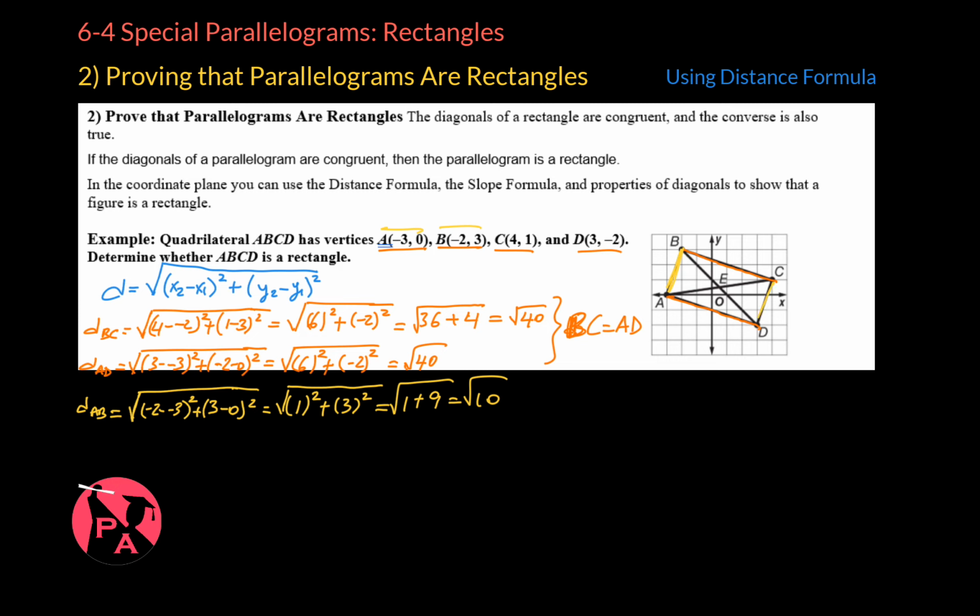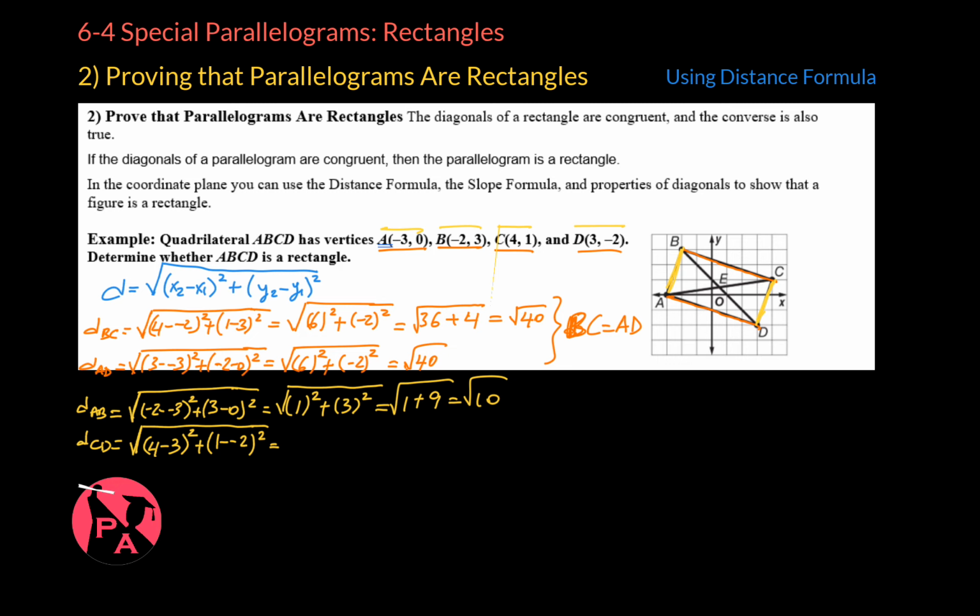And now let's calculate the length of side CD. Right here, we have point C and D to do the distance formula. The last 2 points. Distance from C to D is equal to, subtract the first numbers. You can do 4 minus 3 or 3 minus 4, it doesn't matter, plus, I started from 4, so I'm going to continue with 1 minus negative 2 squared.